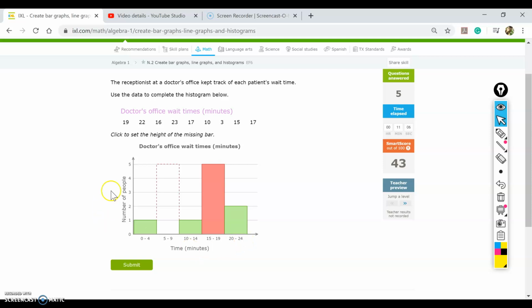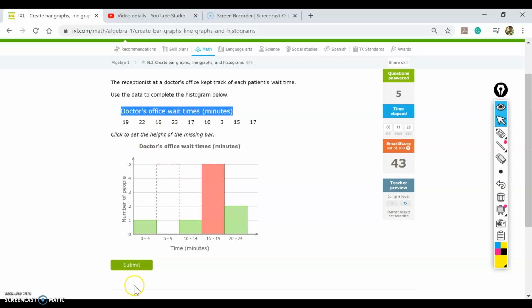And on the y-axis you have the number of people. So you have the doctor's waiting time in minutes, right? Now we are trying to find how many patients, the number of people, waited from 5 to 9 minutes. That's the first thing we need to look at.